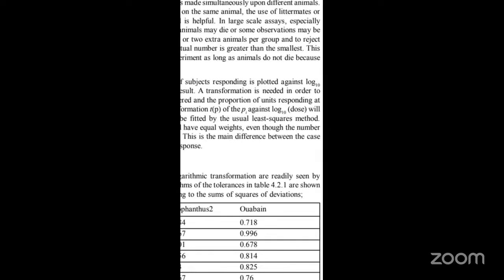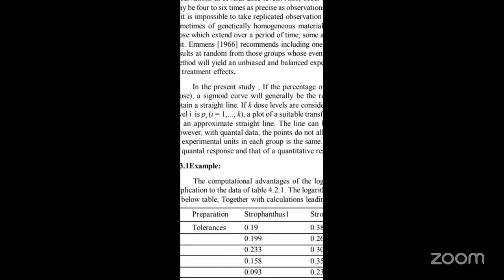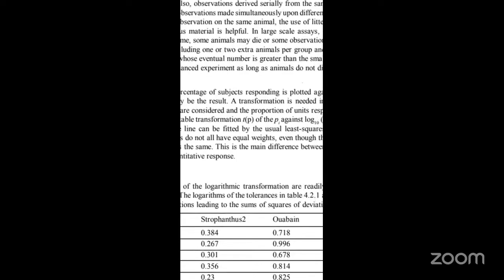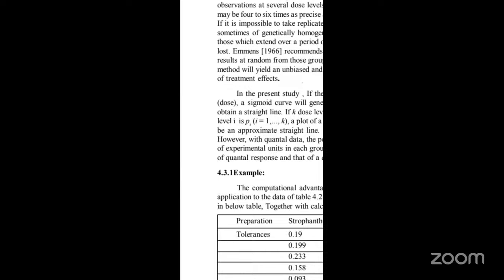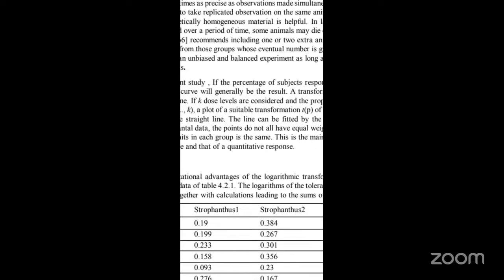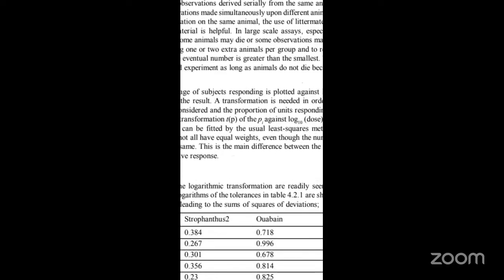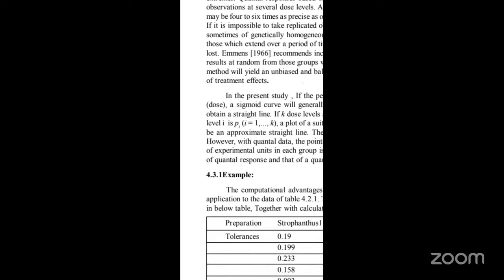A transformation is needed in order to obtain a straight line. If k dose levels are considered and the proportion of units responding at level i is Pi, a plot of a suitable transformation T of Pi against log 10 dose will be an approximate straight line.